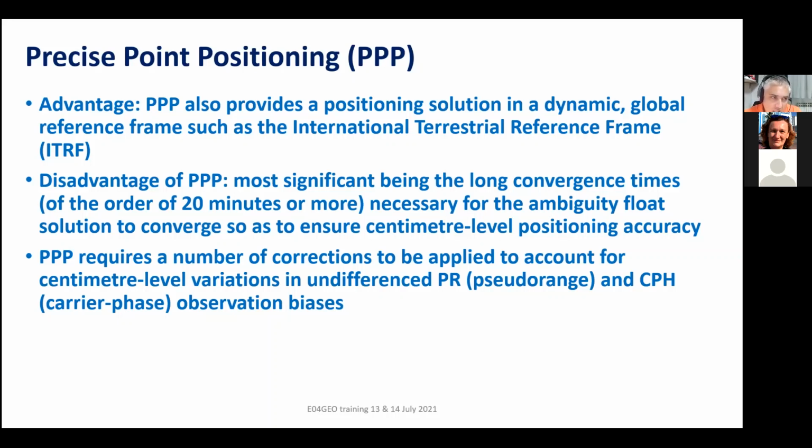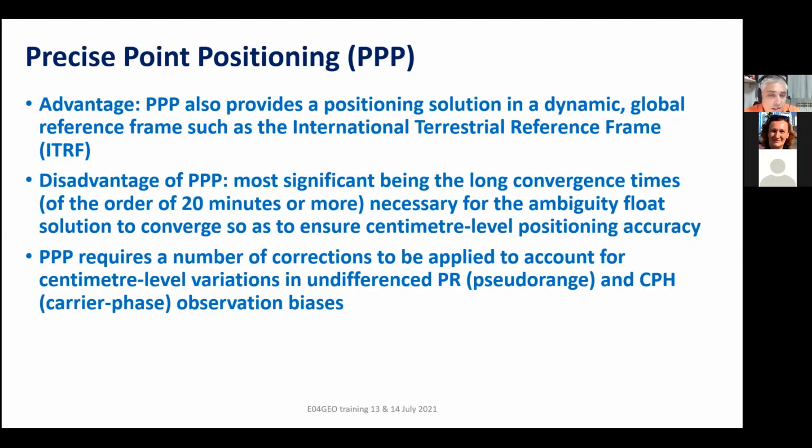So it needs a lot of time, it needs a lot of information in order to model the error and to converge from the float ambiguity level to a fixed ambiguity level, since the phase observations are needed to obtain the centimeter level position accuracy.